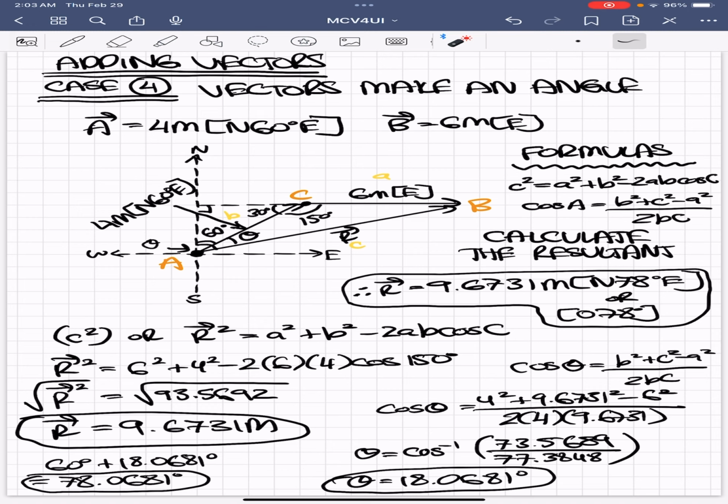Okay, moving on. So now we're looking for this angle. We have this formula here: cos theta equals b squared plus c squared minus a squared over 2bc.